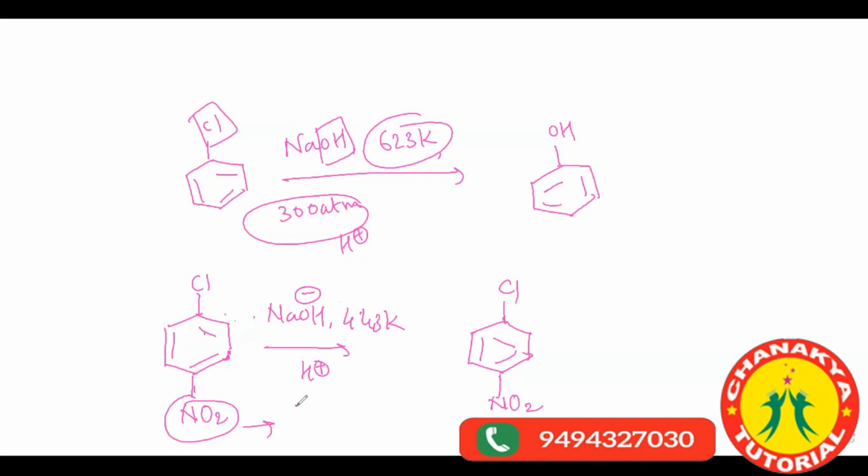Understand what the nitro group is. It is an electron withdrawing group. It will withdraw the electron from the benzene ring. So the benzene ring becomes electropositive, and hence OH may attack on it, and you will get the product. Here you will get OH, not over here.